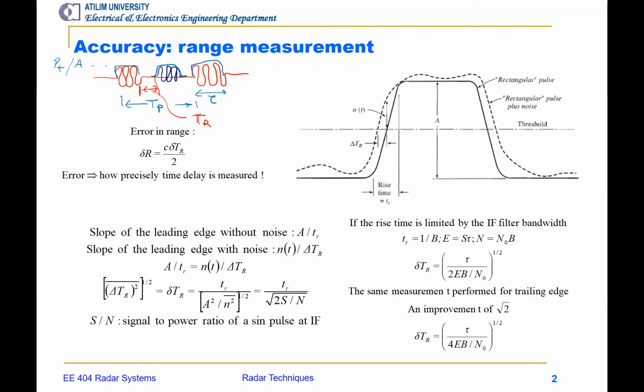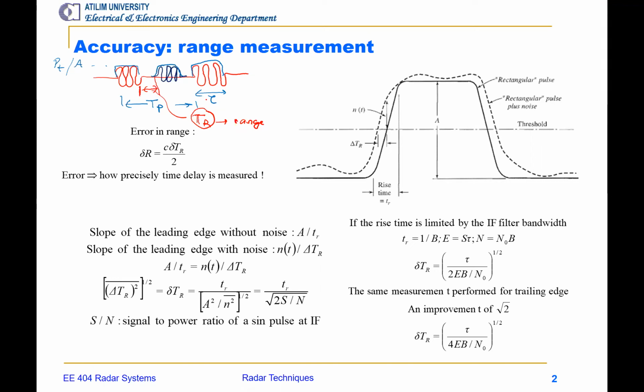So this gives us the range information. And it's quite important to then measure this TR. And since we have distortion due to the noise, either in the channel or in the receiver of the radar system, we expect some error.